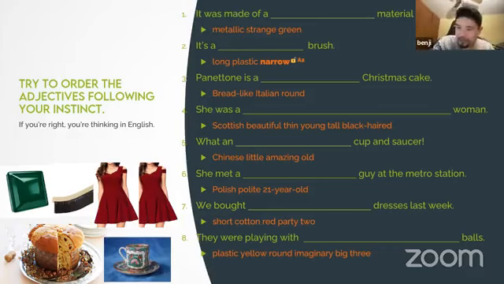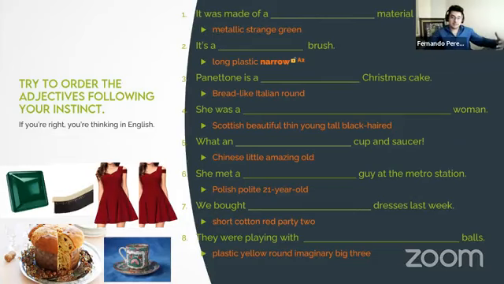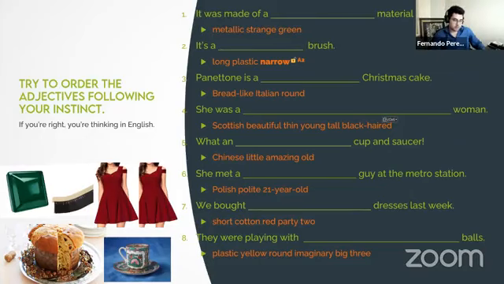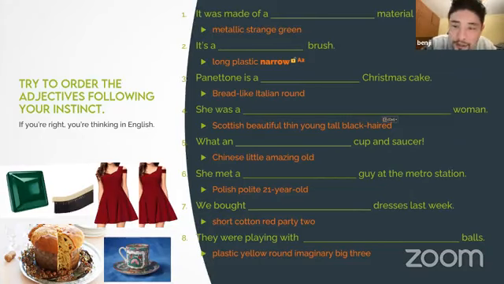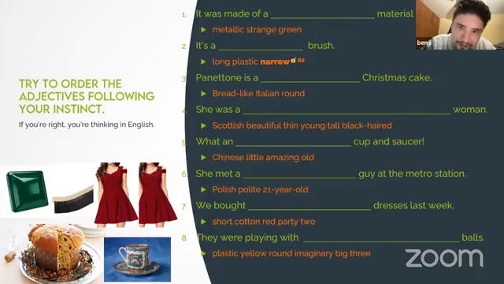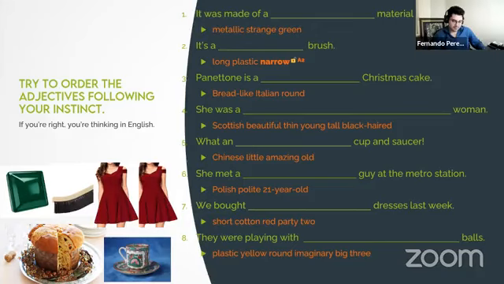Body composition is shape. I don't know what thin is. Oh, it's the contrary of fat. Is it first age and then shape? Correct. In this case, we can consider young as age.